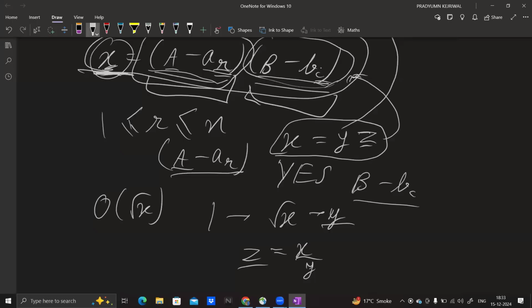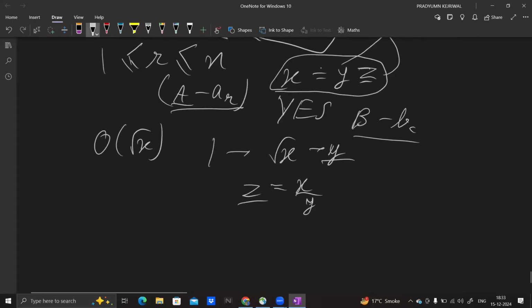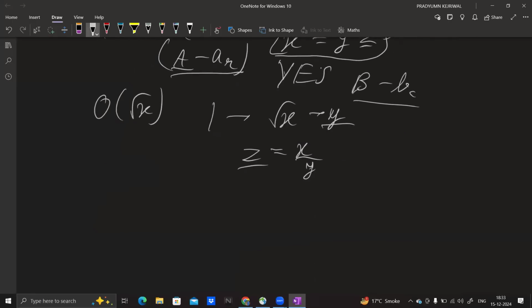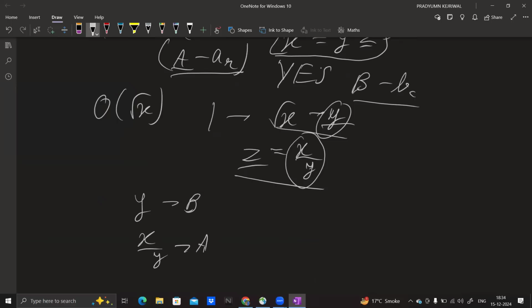All right, but also you have to have casework. It can happen that this y value is not in a and this z value is not in b, but it can happen that this y value is in b and this x by y value is in a.